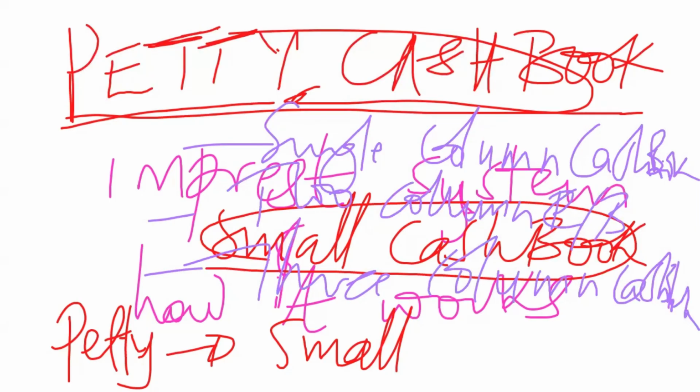Those are the main cash books that we have in the business. So we are going to keep a separate cash book that is called a Petty Cashbook, or a small cash book, separate from the main cash book that we may maintain in a business.